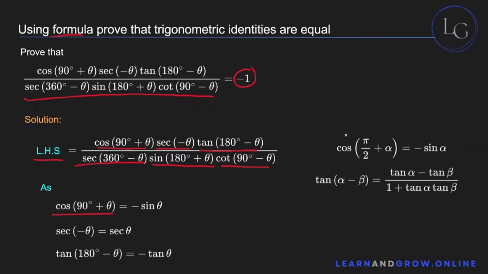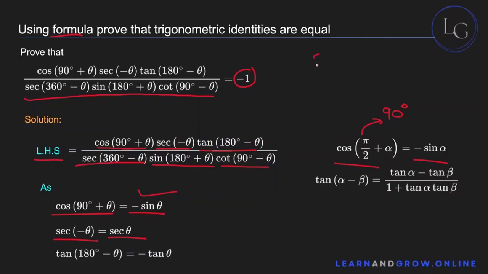As you know, we've used this identity before, that cos of pi by 2 plus alpha is equal to negative sine alpha, and pi by 2 is just 90 degrees in radians. So cos of 90 plus theta is equal to negative sine theta. Okay, that's established. Secant of negative theta is equal to secant theta. Why?